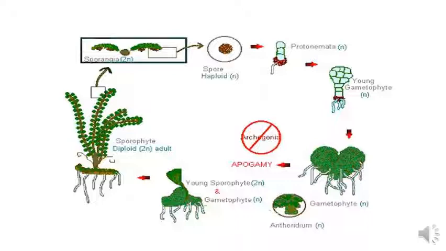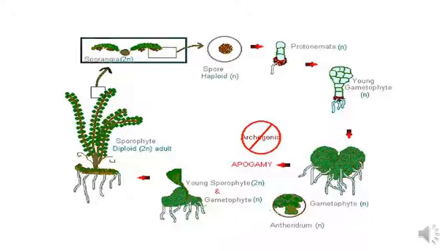So let us know the characteristics of sporophyte and gametophyte. Sporophyte is diploid in nature, which upon meiosis gives rise to four spores which are haploid in nature. The gametophyte is always haploid in nature, which forms gametes.